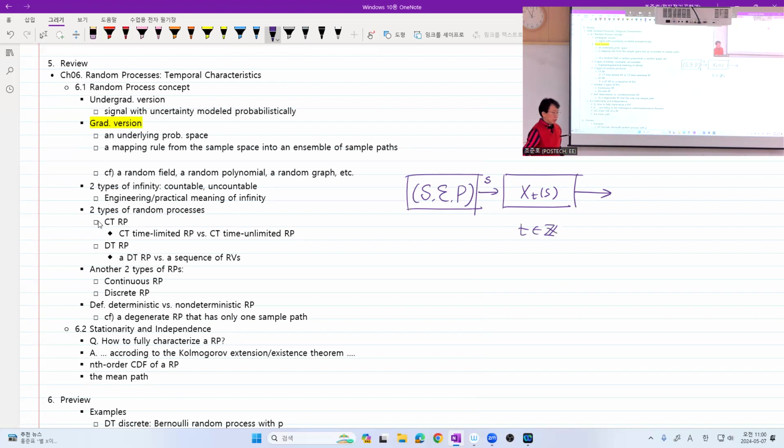For a discrete time, for a random sequence or sequence of random variables, we had the natural numbers, right? So we are expanding our definition. This T can be a member of a finite interval, which is a continuum, or it can even be a member of the set of real numbers.